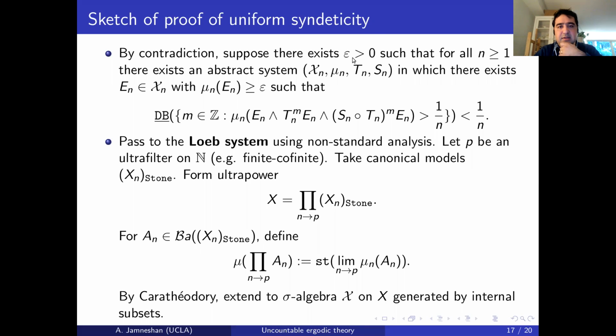It would be that there exists some epsilon such that we find a sequence of systems, and in each such system, we find a set of measure at least epsilon, such that the lower Banach density of the set of the Ross type return times, so larger than 1 over n, is smaller than 1 over n.